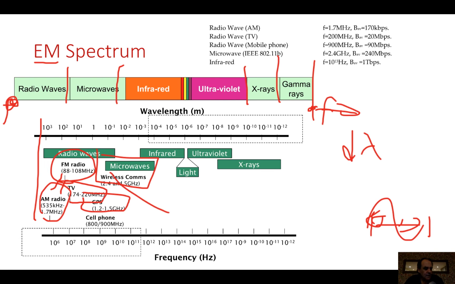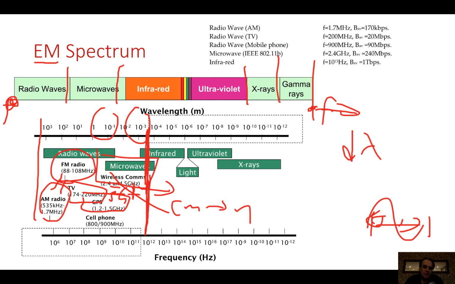So we go from centimeters down to millimeters. Around here, we're looking at about 5 gigahertz or so.